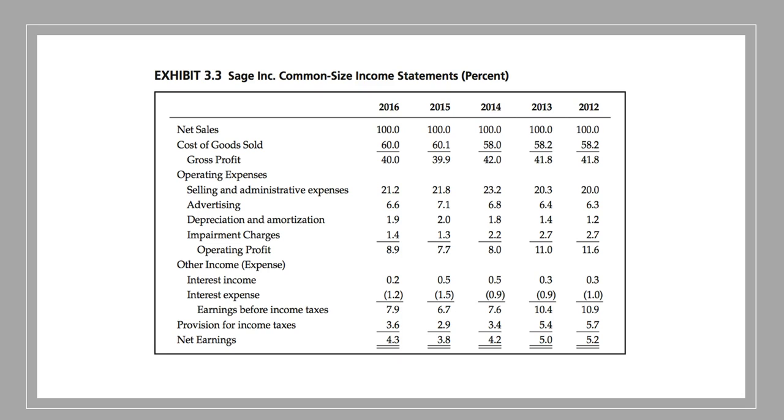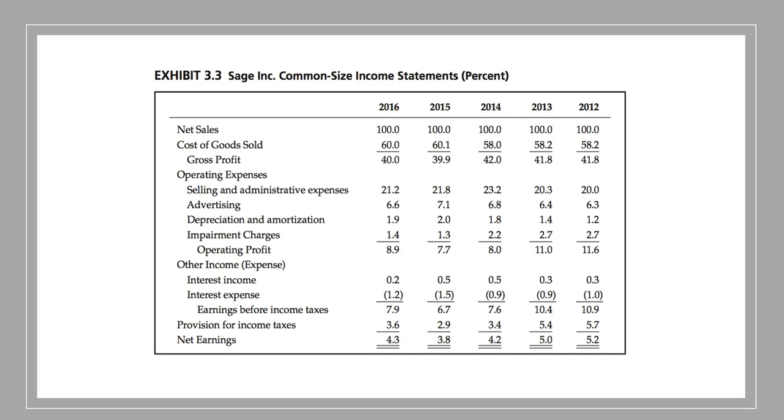So in this case, what we've seen is that from 2012 to 2016, the cost of goods sold has moved from 58.2% of net sales to 60% of net sales. That's not a huge increase. But again, you want to know what it is. Same thing with all the other expenses. You want to know if anything has radically changed.